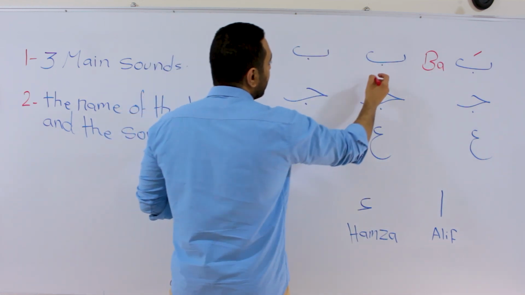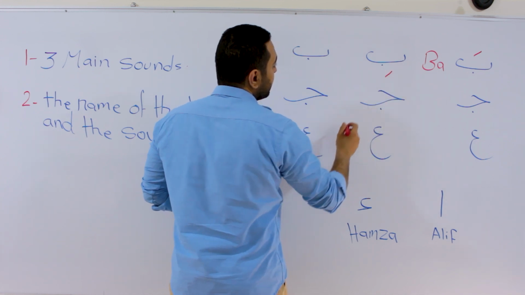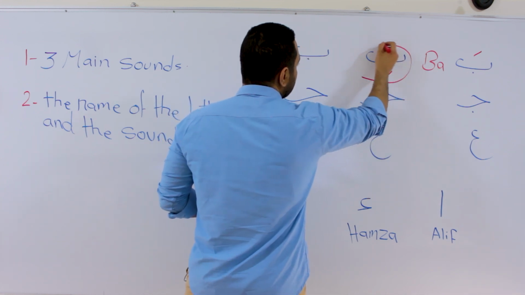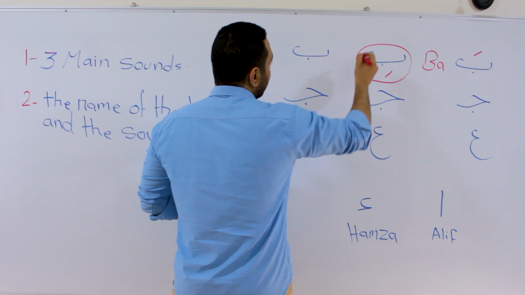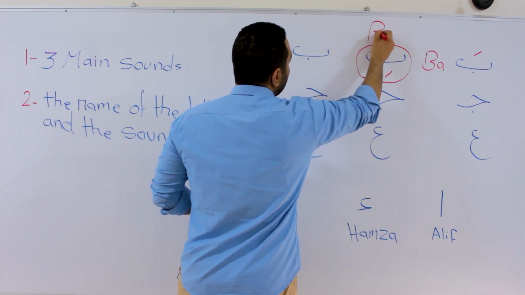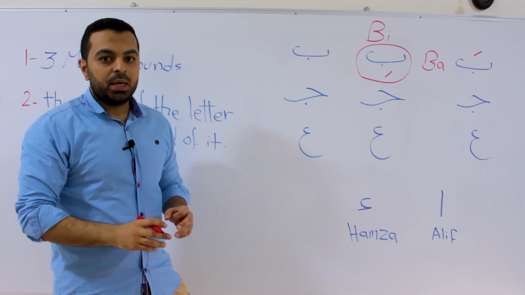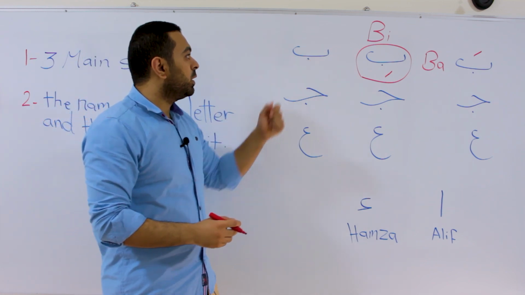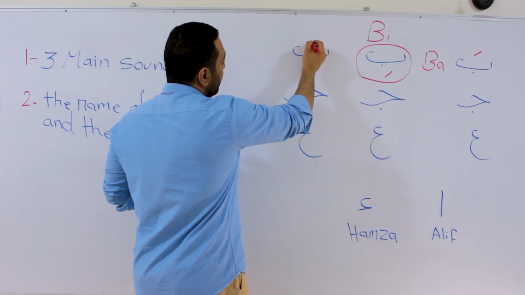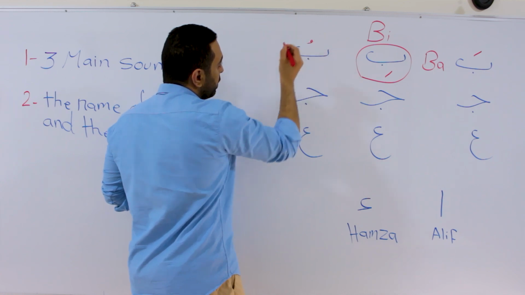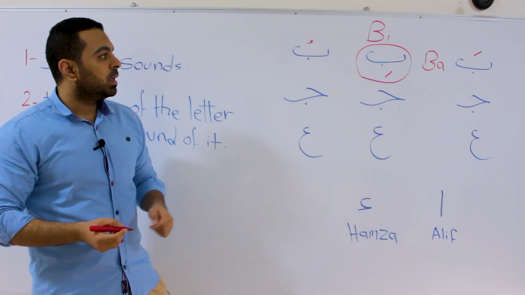And if I put a mark like this down under the letter, that gives me Bi. And if I put a little waw like this, it's Bu.